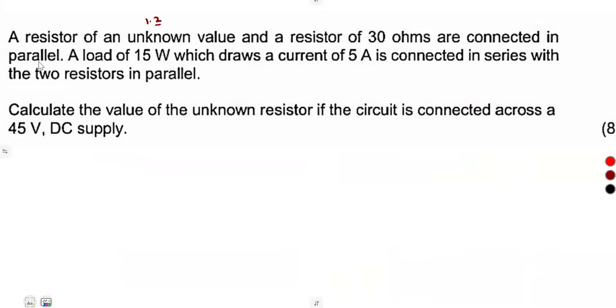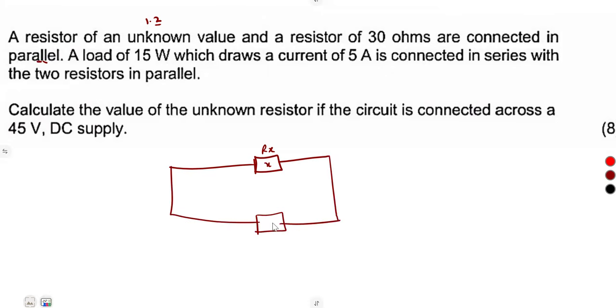So these two resistors are connected in parallel. This one, of 30 ohms, I'm just going to call it 1, so this is R1. You just number the way that you understand, all right?